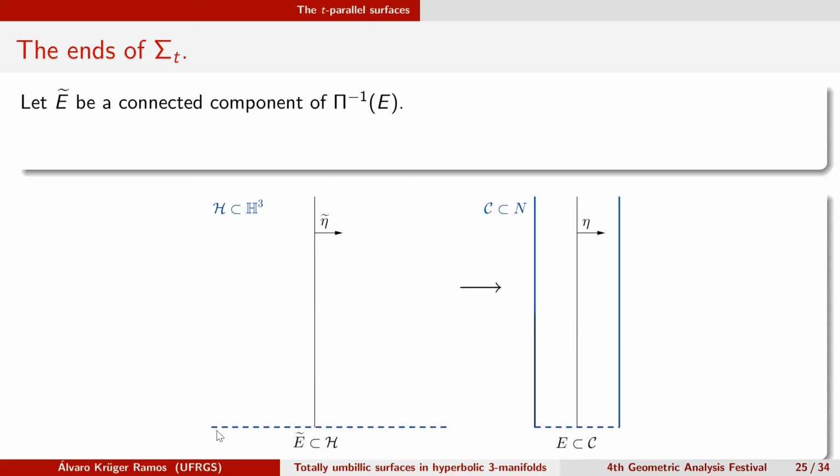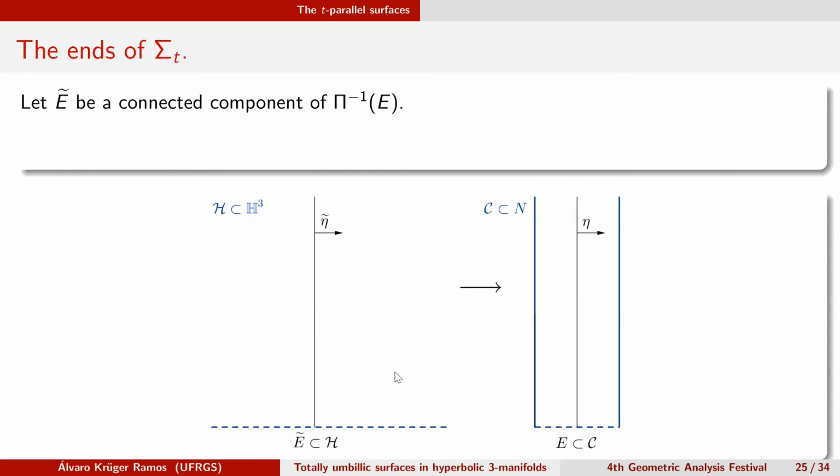If this is the half space model of H3, this is just a vertical plane. Remember, this has the topology of S1 times R, and this has the topology of R times R. We are quotienting by one translation, like in the direction of the video.